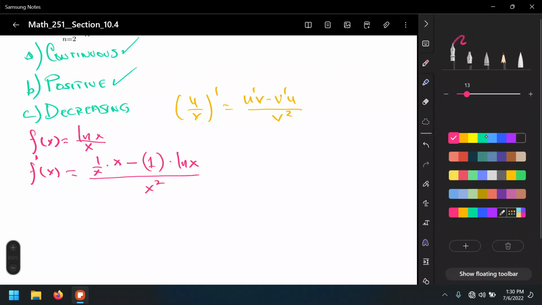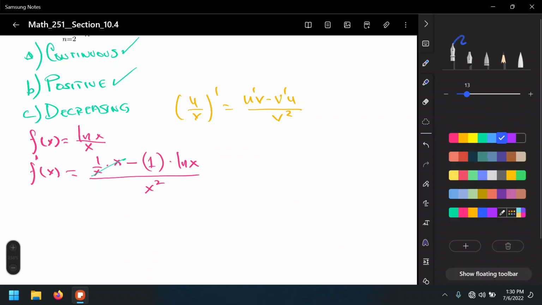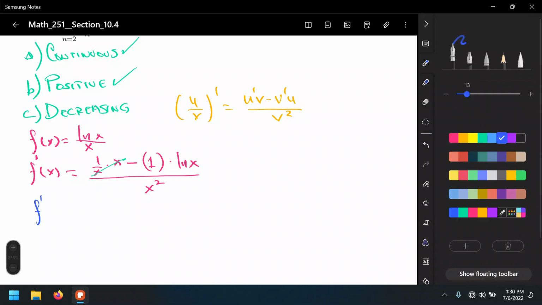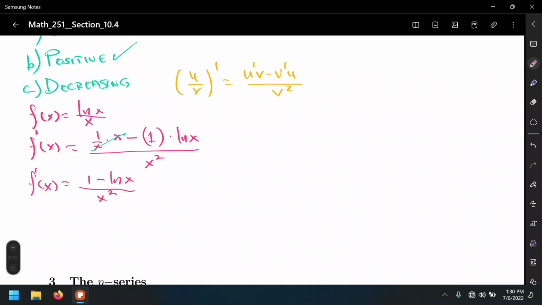See how these x's cancel. And f prime of x equals 1 minus ln of x over x squared. At first glance, this derivative looks positive, doesn't it? But think of very, very large values of x.